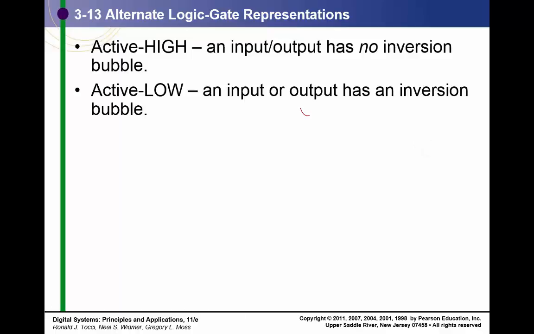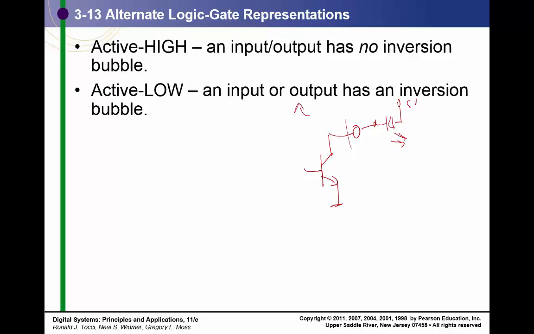Now, quite often we will use active low for both input and output for 2 reasons. One is that if we look at our circuitry right here, this is our output, and let's just show an LED with a resistor. This is 5 volts, and this is an LED.